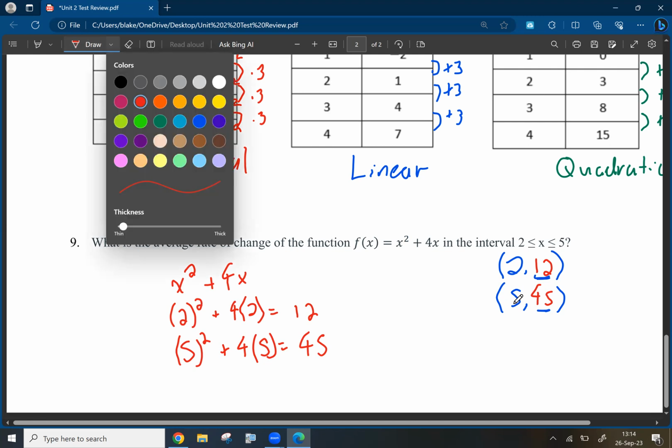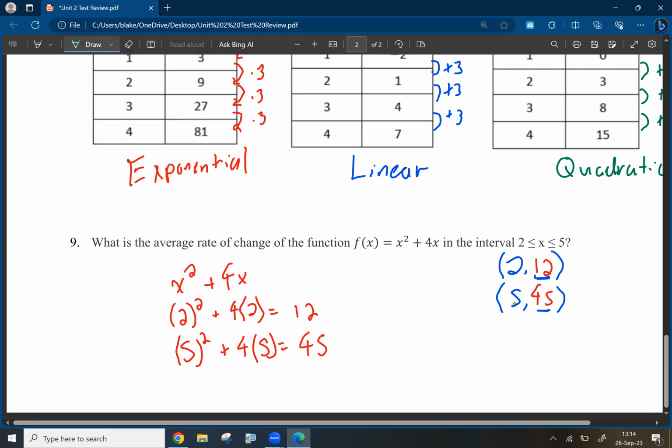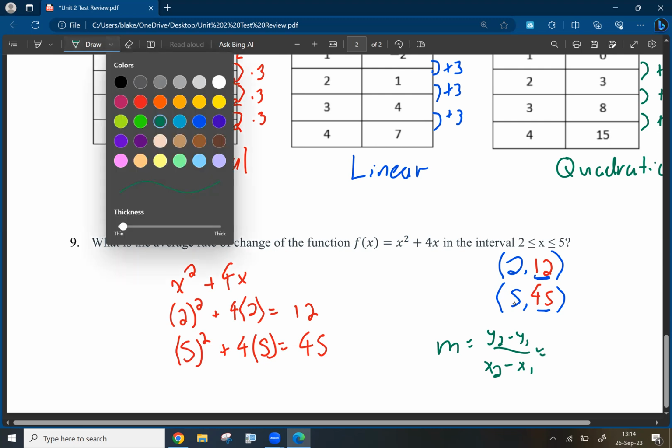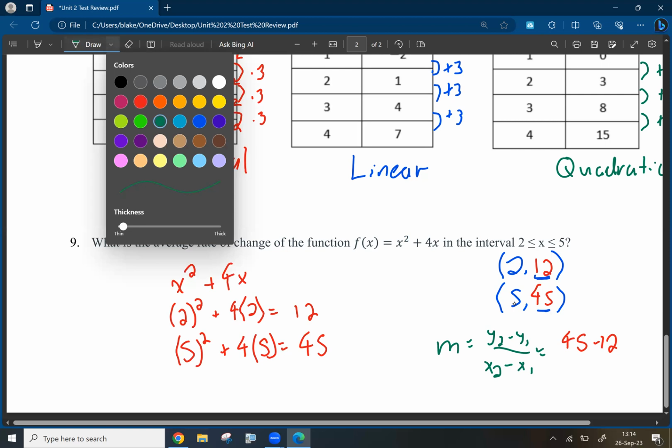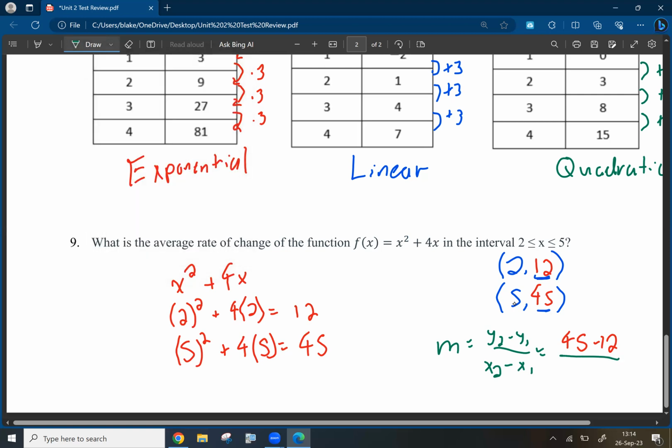All right. So now I have my points. Now I can do my slope formula, basically. So my slope formula, y2 minus y1 over x2 minus x1. So in this case, it's going to be 45 minus 12 over 5 minus 2, our x values.